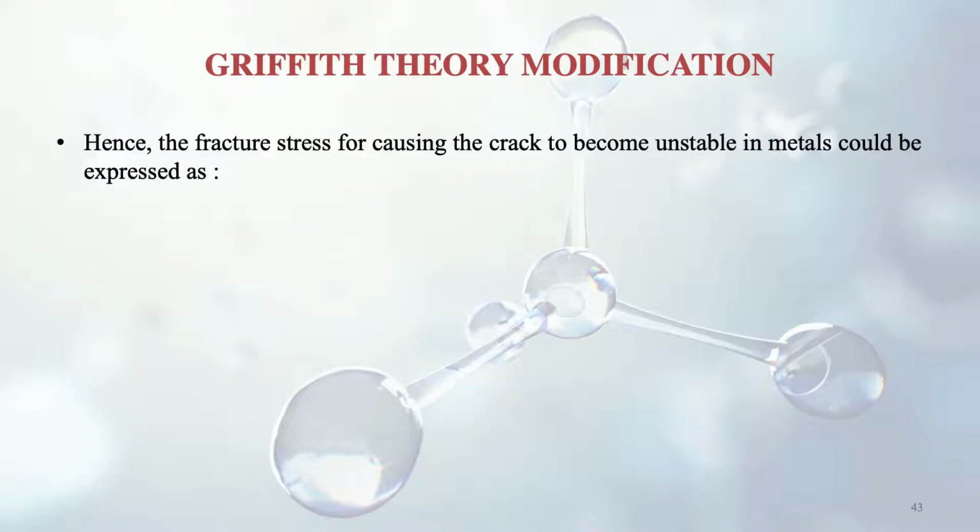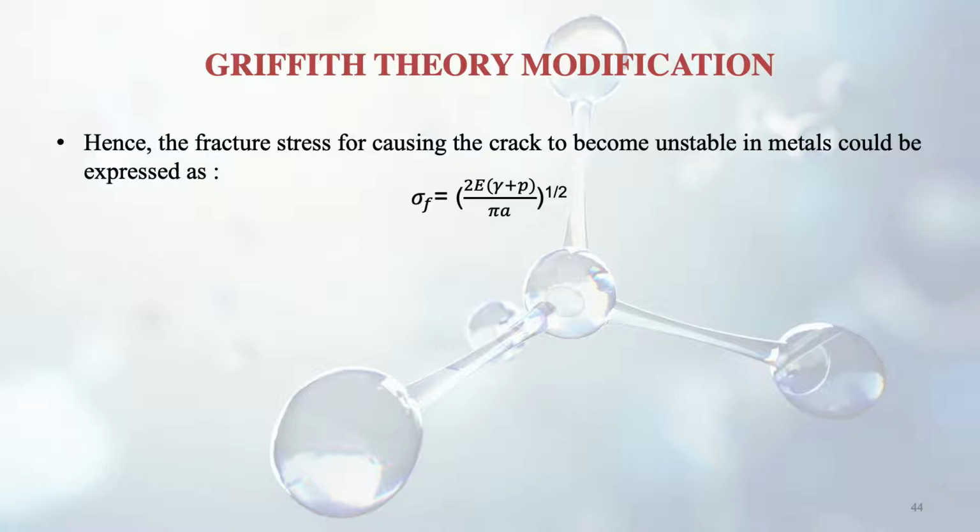So there will be a modification. Hence the fracture stress for causing the crack to become unstable in metals will be expressed as sigma F, representing fracture, equal to the square root of 2 into E into (gamma plus P) divided by pi into A. You can see here that there is an extra term, P, coming.